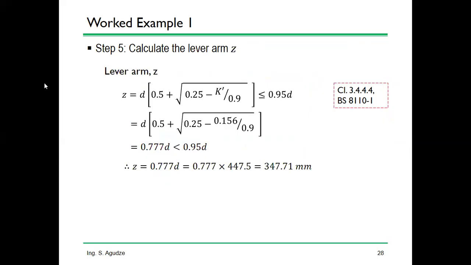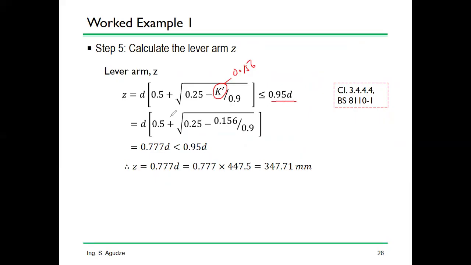And as I indicated earlier, in this formula we use the K prime, which is 0.156. Now, in calculating the Z, the code limits the Z to 0.95D.